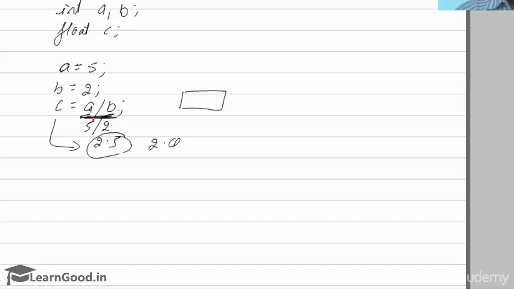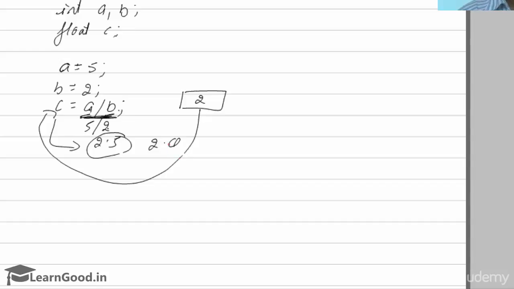So that 5 divided by 2 result, 2.5, when stored in 2 bytes, will store only 2. That 0.5 will be lost. And then the 2, when stored inside c, will be stored in the form of 2.0. That means instead of getting 2.5, you are getting the value 2.0.